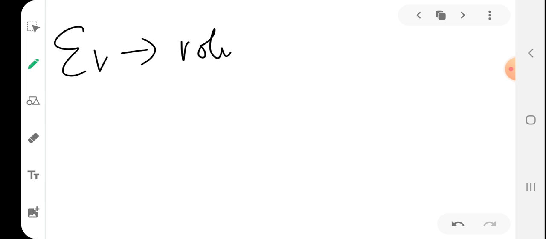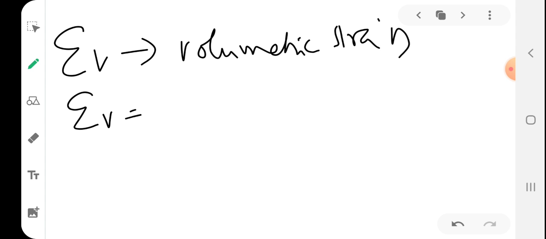So students, you can write epsilon V, volumetric strain, is nothing but delta V by V, sorry, epsilon V equal to epsilon 1 plus epsilon 2 plus epsilon 3.